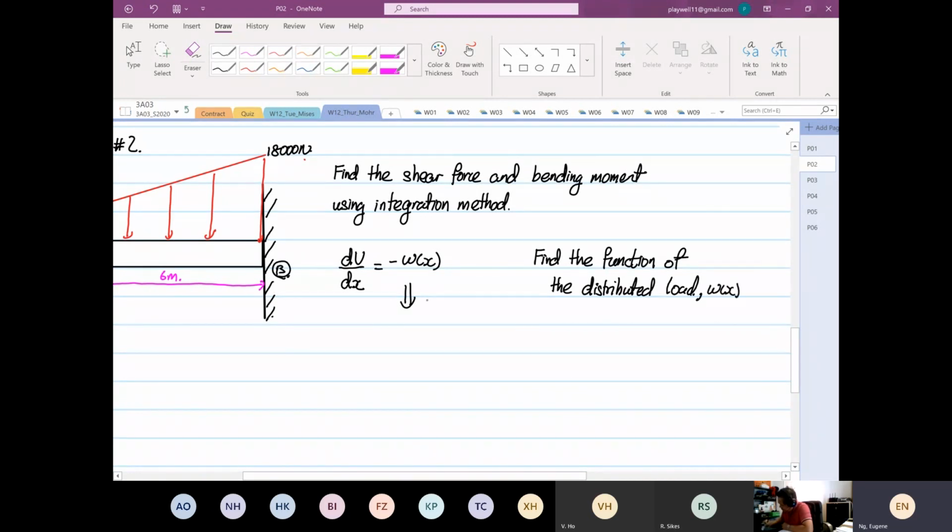Then we have to integrate. When you have done your first integration, you have V as a function of x equals the integral of minus omega of x dx plus C1, where C1 is a constant.